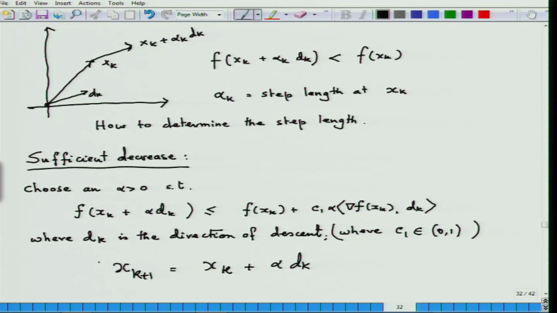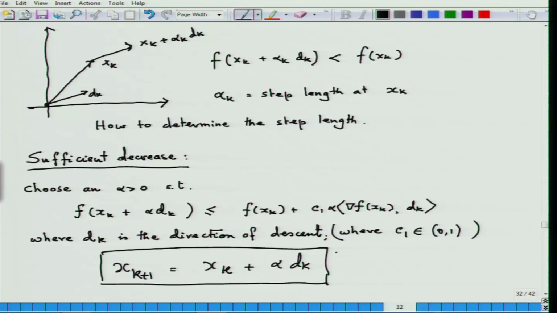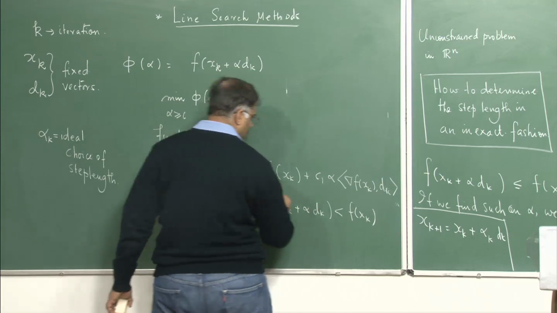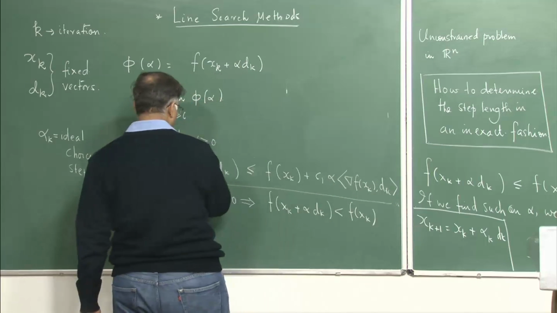This is what is called the line search iteration criterion. For this direction of steepest descent, this sort of condition is called the Armijo condition.